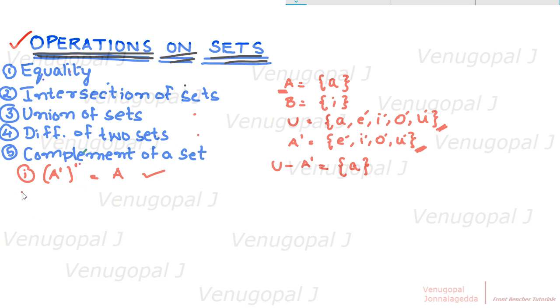Now let's look at the second one. Phi complement, this must be interesting, is equal to U. So let's see this.